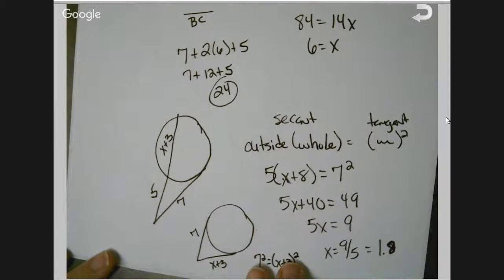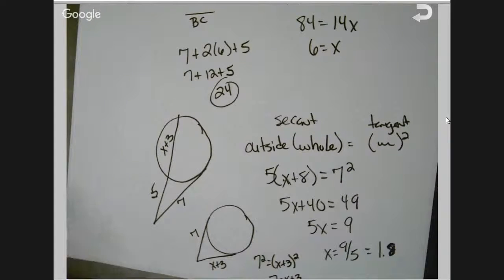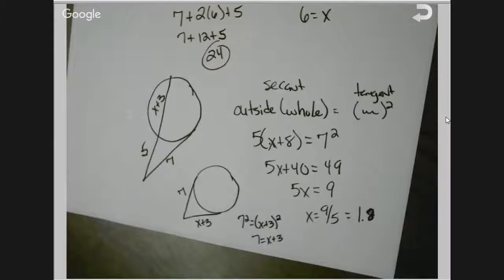Well, if they're both squared and there's nothing else on the outside of it making them different, then it's just 7 equals x plus 3 in that case. So x would equal 4. So just kind of keep that in mind. That's kind of the proof behind why tangent and tangents are always the same if they meet at the vertex on the outside. And we're going to see an example where that's helpful to know in just a second.